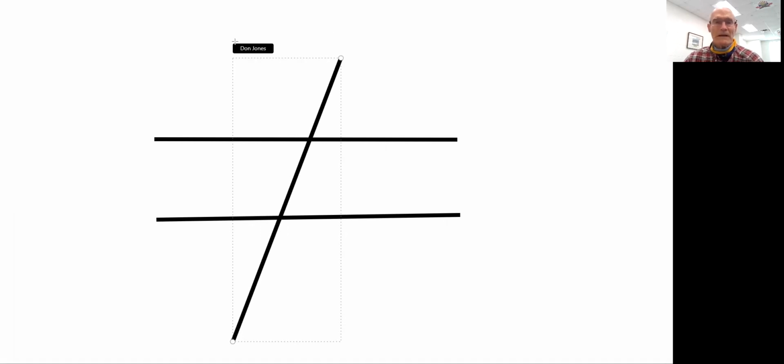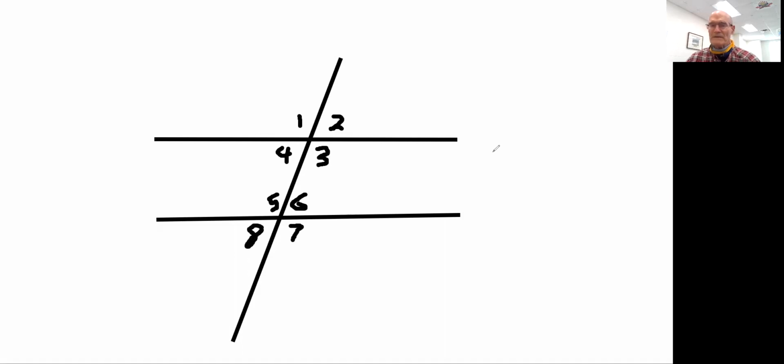And then we label the angles so that you can see. So this would be angle 1, angle 2 here, angle 3 here, angle 4 here. And then you do the same thing down here with 5, 6, 7, and 8.